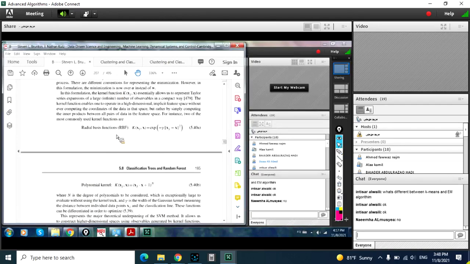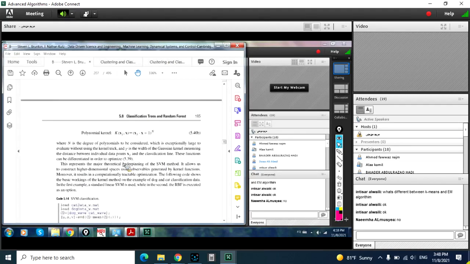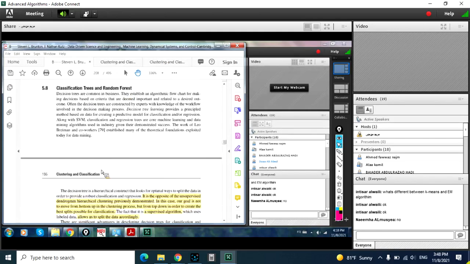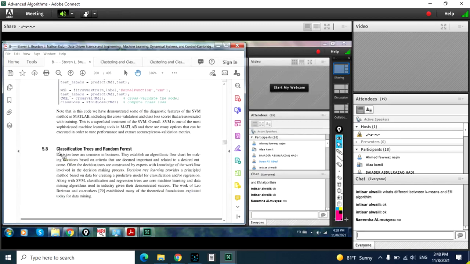And for example, it is a radial basis function, RBF. Your kernel could be seen like this, or a polynomial kernel. And also again, you can see the SVM classification as MATLAB code in this book, and you can copy and paste it in MATLAB.